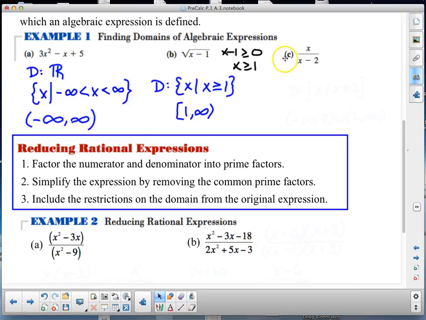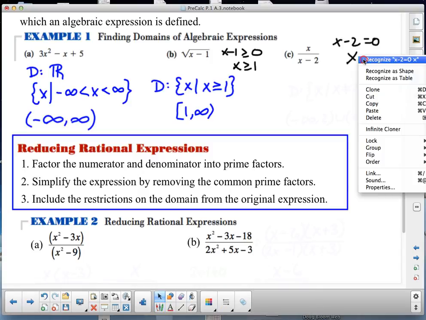In C, the restriction is that I cannot divide by 0. So I have to wonder, when is the denominator going to be 0? Here, x minus 2 is 0 when x is 2.